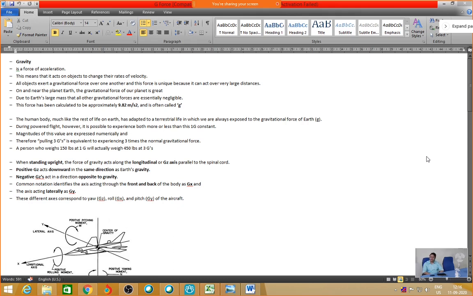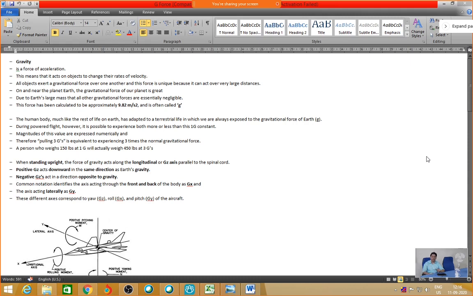There are a few other concepts like GX and GY, which you can view from the aircraft position. If you're sitting in an aircraft, you can see the X, Y, and Z axes in the diagram. The X axis is the longitudinal axis of the body of the airplane.